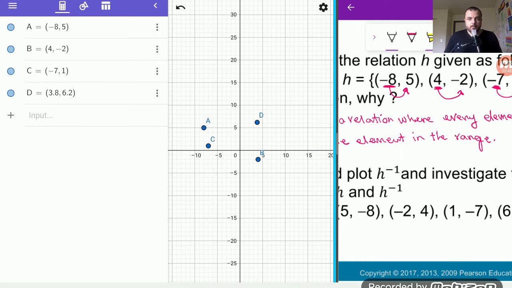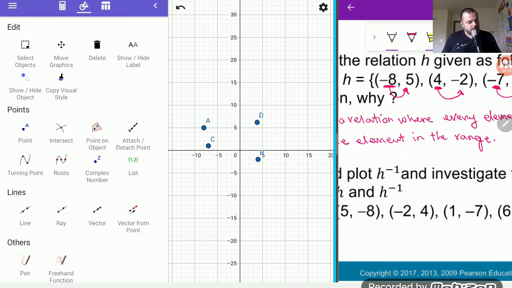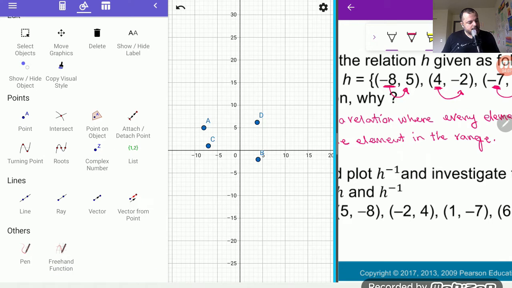And if you remember, to check whether this set represents a function or not, we used to do the vertical line test.